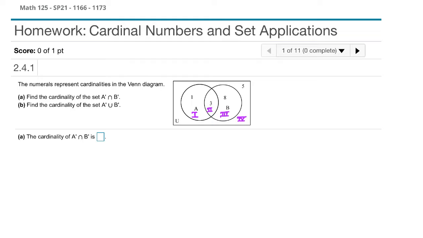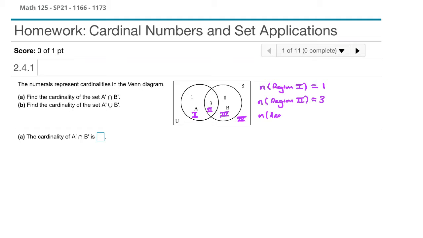And so what this set is really telling us is that the cardinality, the number of elements in region 1, is going to be one element. The number of elements in region 2, which is this overlap between A and B, has 3 elements in it.